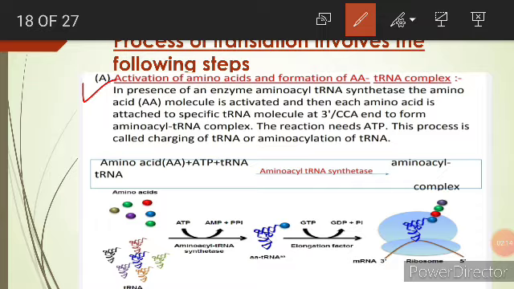For each amino acid there is a separate aminoacyl tRNA synthetase enzyme.